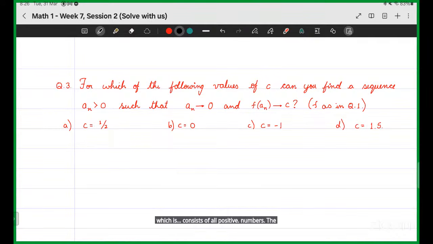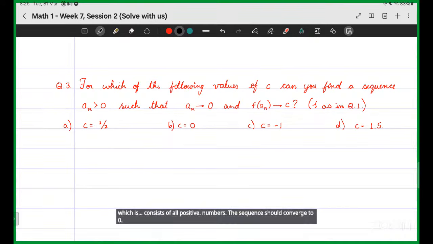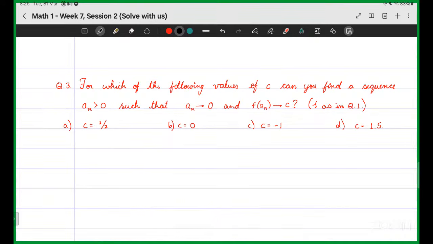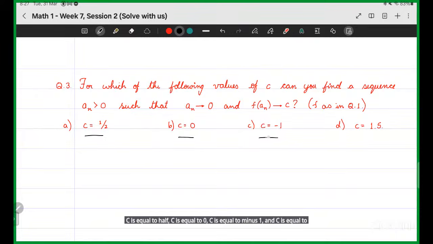The sequence should converge to 0, but f of that sequence should converge to c. So you have 4 sample values: c is equal to half, c is equal to 0, c is equal to -1, and c is equal to 1.5.